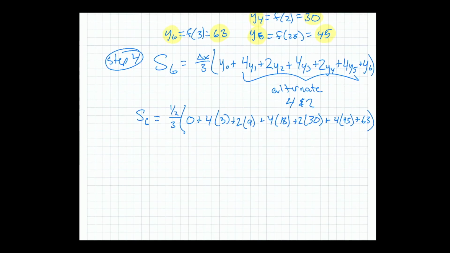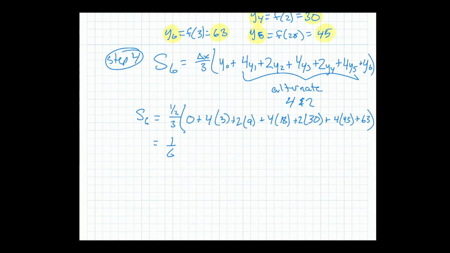It takes a little bit of work. We've got 1/6 on the outside, and on the inside, you've got to add all that stuff up. So you grab a calculator.